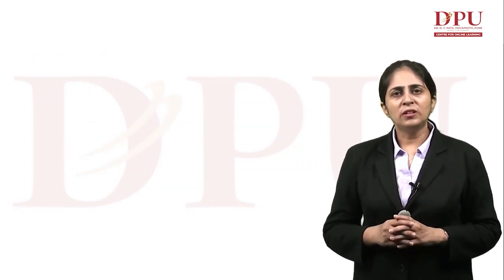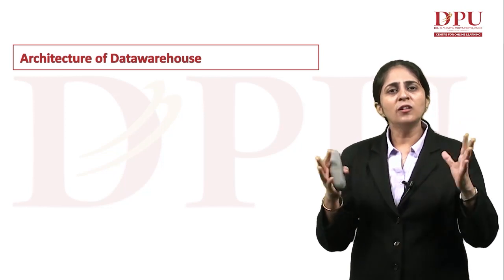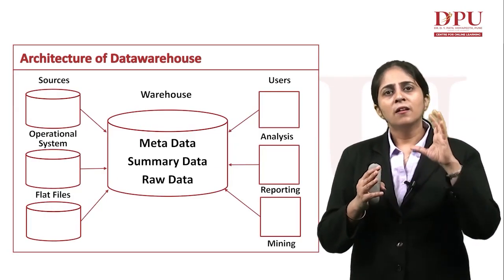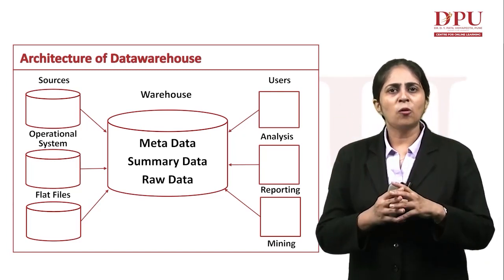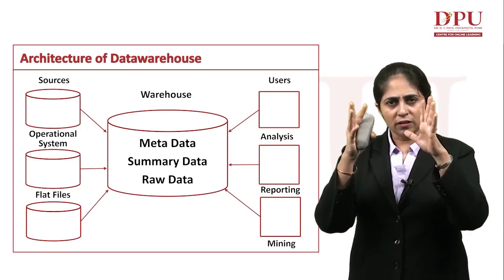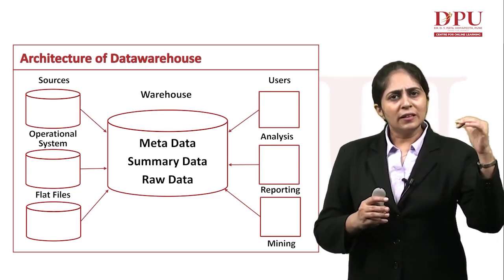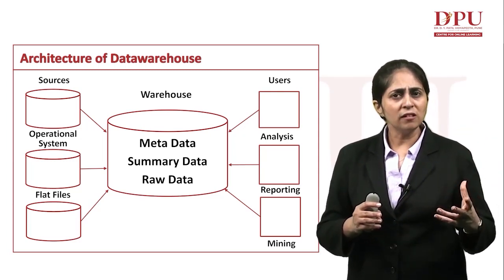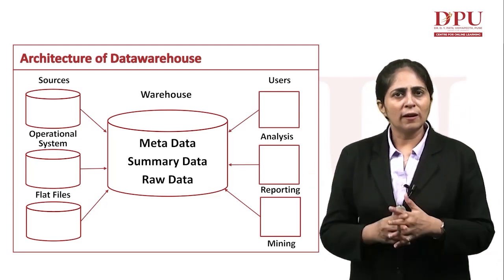If we talk about the architecture of data warehouse, then how does our data warehouse look like? So see, first of all, the main content is the central part, which is the warehouse itself. It has to get some input from some resources. Some sources should provide the data to our warehouse.